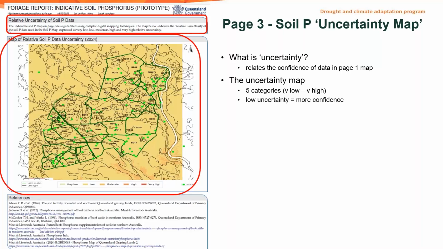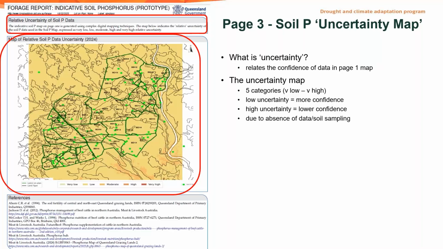Low uncertainty, you have more confidence in the data and the shadings of map 1 on page 1. If it's high uncertainty, you have a lower degree of confidence in that. On the map that we see here, it's a low to moderate degree of uncertainty. So we have got a high certainty of page 1 map being correct.